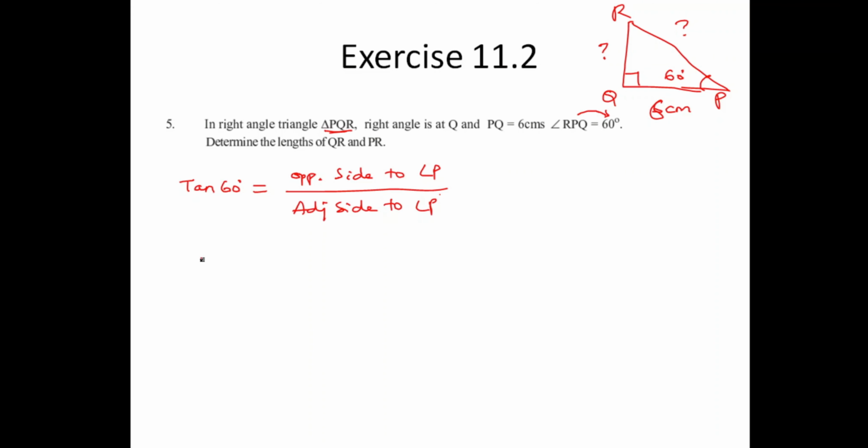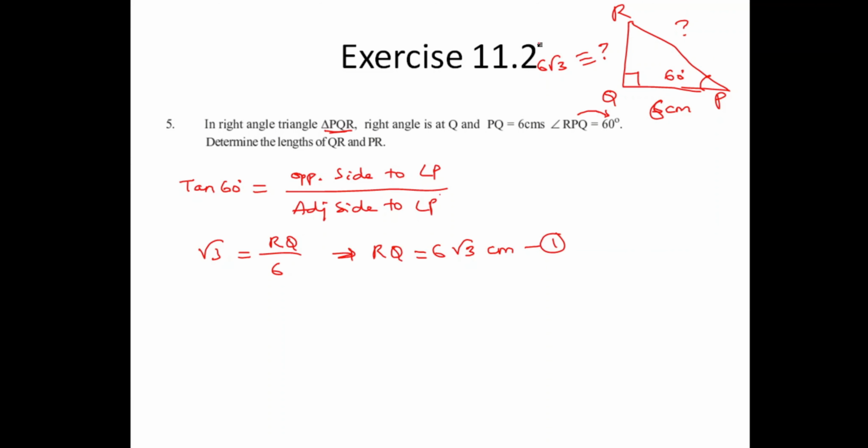So tan 60, which is root 3, equals RQ over 6. From this I am getting that RQ is equal to 6 root 3 centimeters. This is just the first value. Now I have this side as 6 root 3.